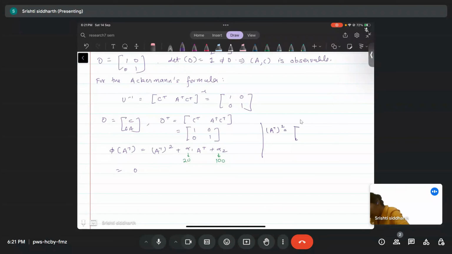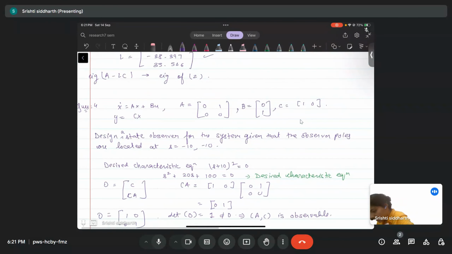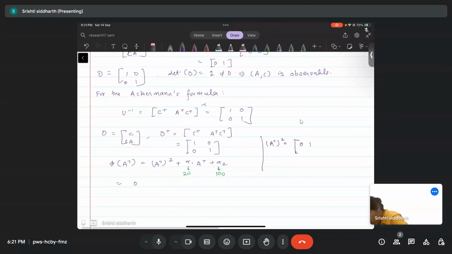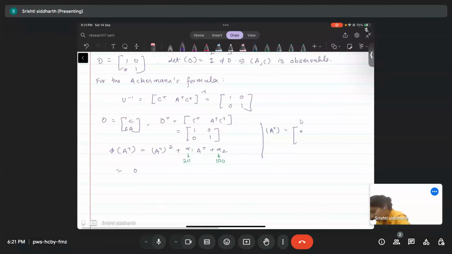So identity times identity, right? Oh, sorry, A is not identity. It is 0 1 0 0. Let's just compute A transpose first, the transpose of 0 1 0 0.